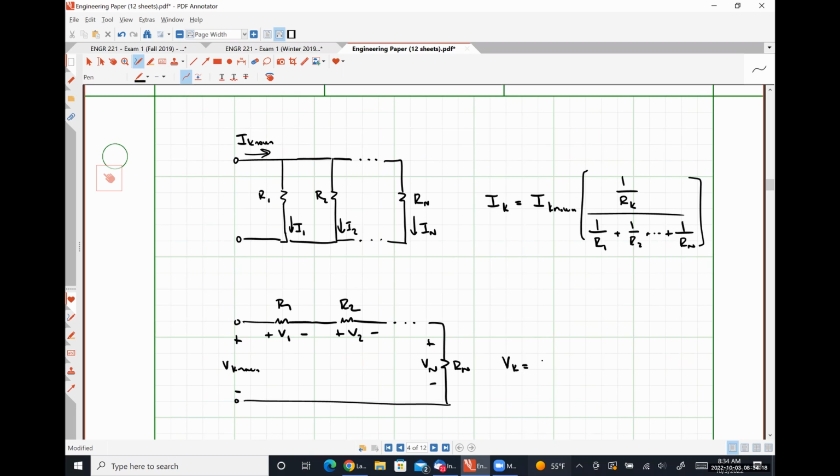V sub k is equal to V known times R sub k over (R1 plus R2 all the way out to R sub n). So current division on top, voltage division on bottom. Pay attention to the directions of the known current as well as the currents we're looking for. Similarly, pay attention to the polarity of the known voltage as well as the voltage drop you're looking for. If either of them changes, you need a negative sign in there.